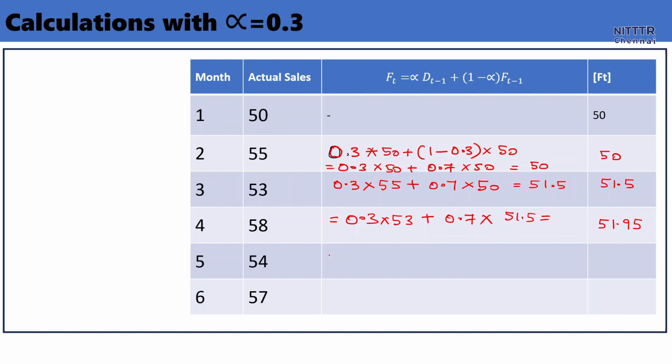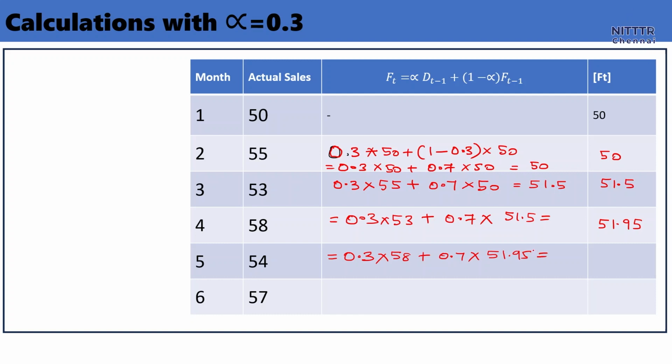Now, let us try to forecast for the 5th period. You can pause the video and try this and recheck the values again. 0.3 into the previous period demand, which is 58, plus 0.7 into the previous period forecast, which is 51.95.